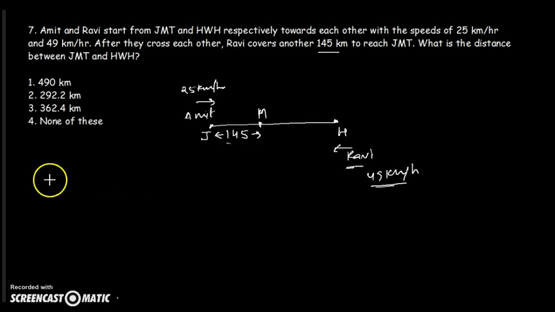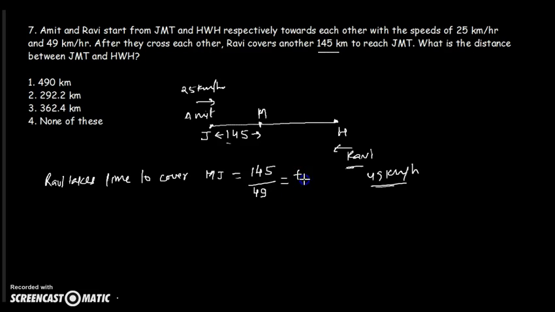Ravi takes time to cover MJ, which is equal to distance divided by speed. Let this time be T1. What is the speed? His speed is 49 km per hour.